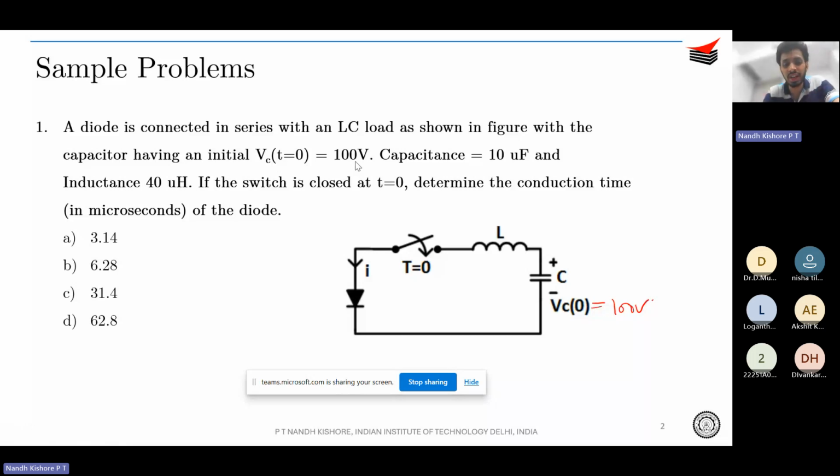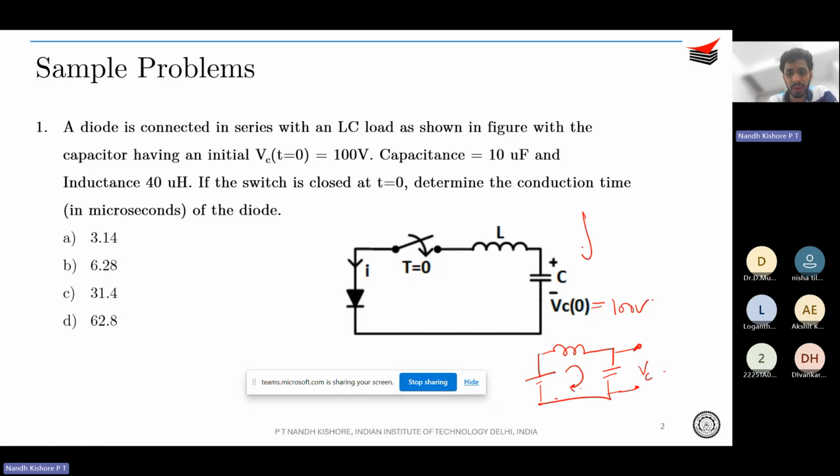You might have learned that during resonance in a simple LC circuit, let's say something like this, there is a resonating frequency, right? Let's say I want to see the voltage across this capacitor, VC, or I want to find out what is the current. You will see that the value of VC will not be constant, correct? It will have some kind of oscillation.